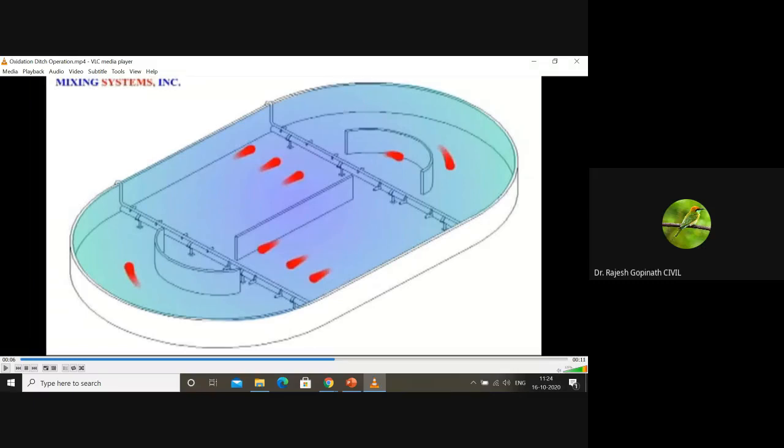Please note, after your oxidation ditch, we have a secondary clarifier, because here the suspended solids, the settleable solids are not allowed to settle down. This does not behave like a settling basin like your sequential batch reactor. All right, so let's continue with the presentation.